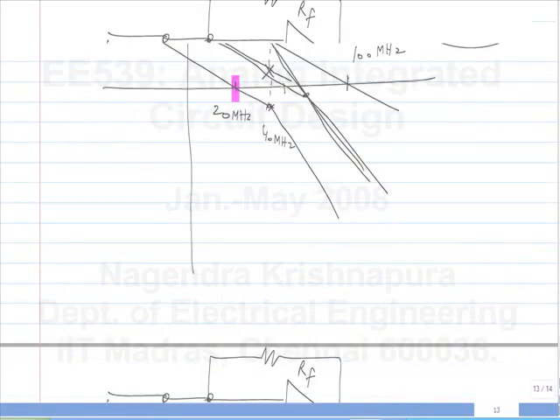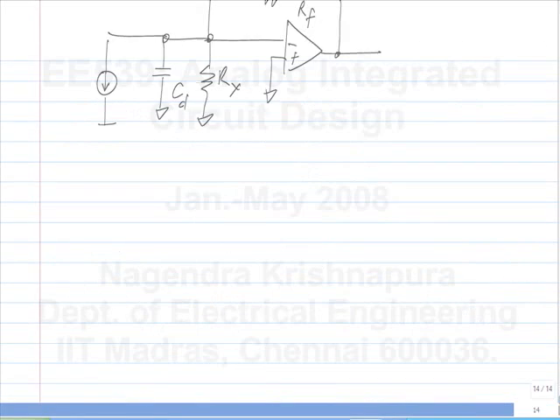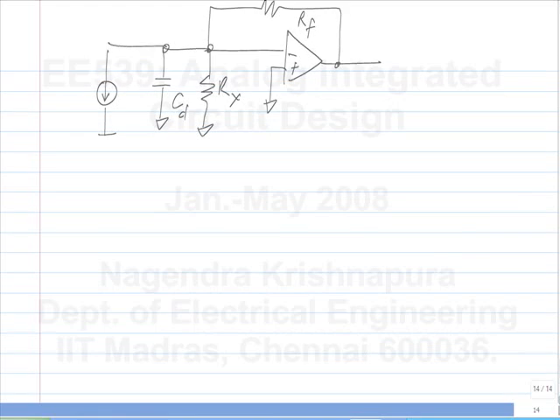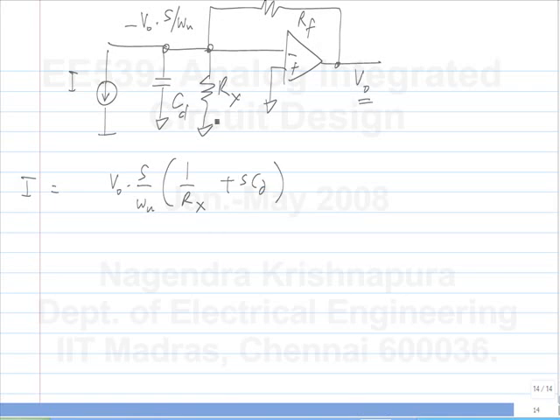Okay, the voltage at the output, if it is a V naught, at the input it is V naught s by omega U. So I is, so this part is the current flowing here and here, plus the current flowing through RF.